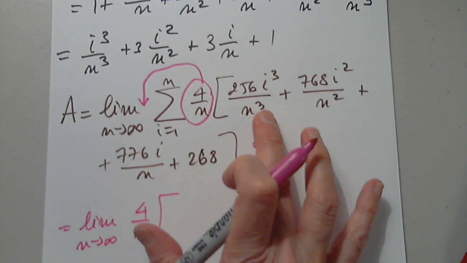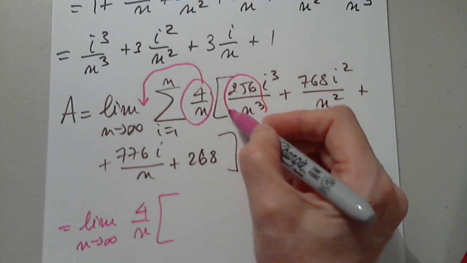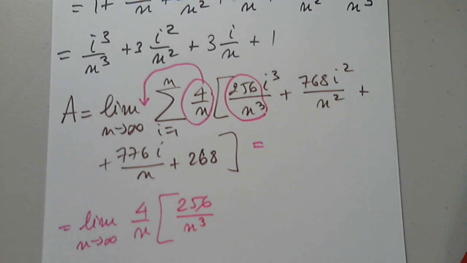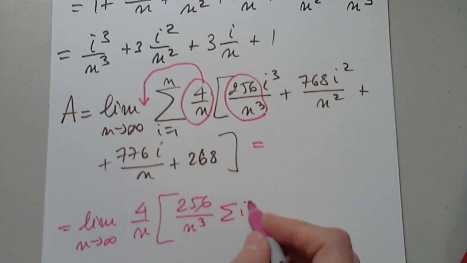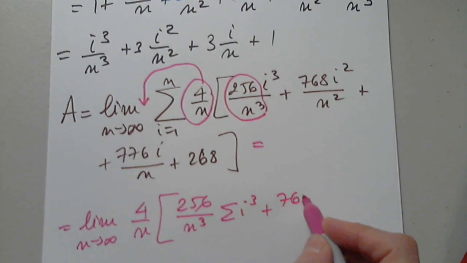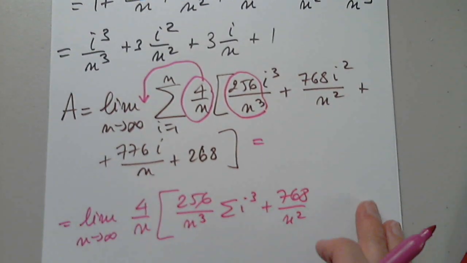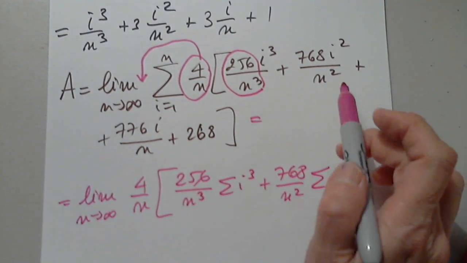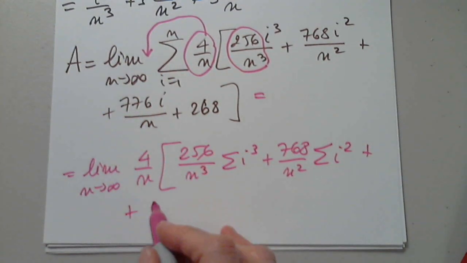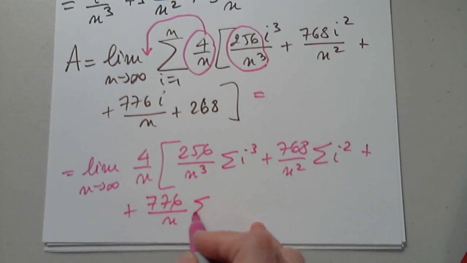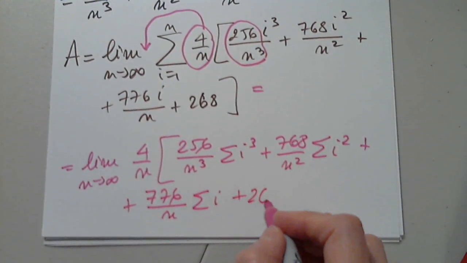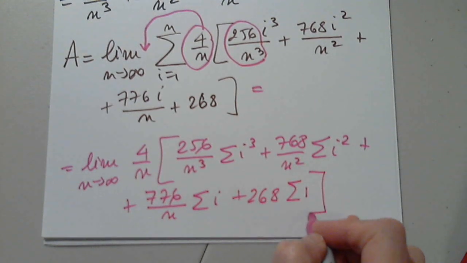When I apply the sum to this, 256 is a constant that goes outside. So the sum of i cubed. When I apply the sum to this, 768 over n squared goes outside because it's a constant, and we have the sum of i squared. Plus, when I apply the sum to this piece, then 776 over n, and then the sum of i, and this is 268, the sum of 1.